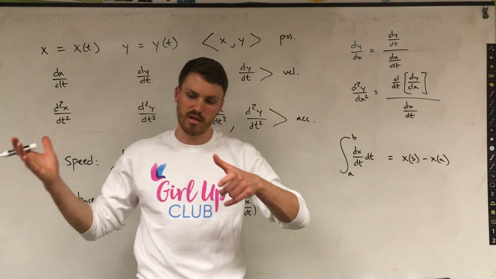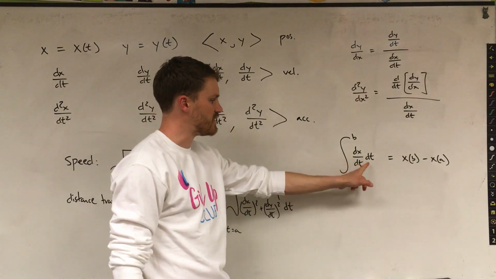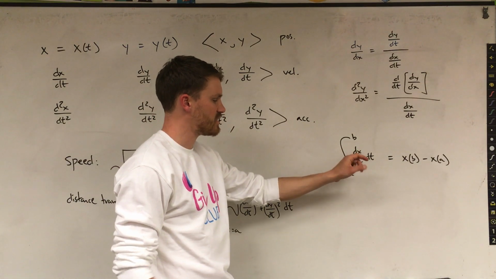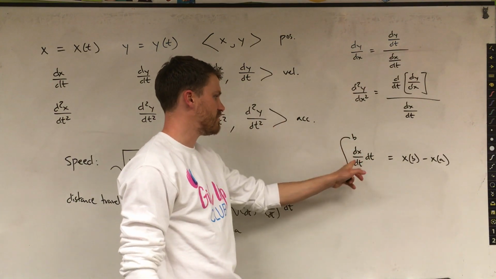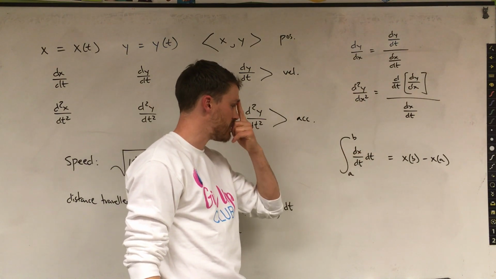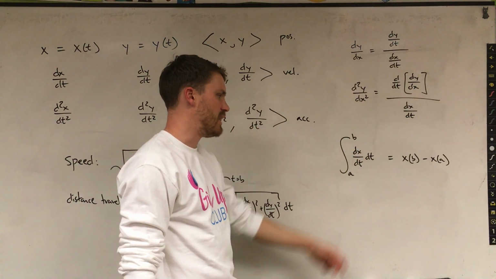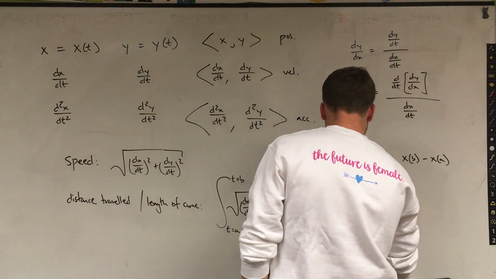So we have to be thinking about horizontal and vertical in everything we do. And this makes sense, right? dx/dt times dt is pretty clearly dx, rate of change of x times time. We add up a ton of little changes in x, and we get the total change in x, x of b minus x of a. The same thing would be true for vertical velocity.